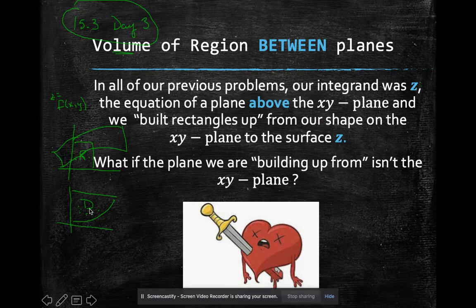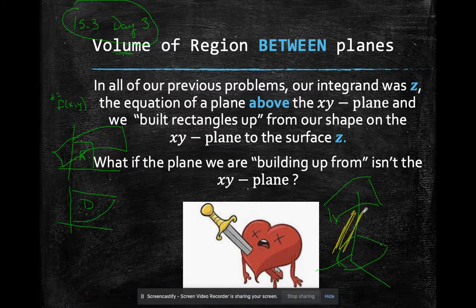So I'm going to lift this plane up, right? I'm going to say, well, maybe we have a plane up here, and maybe I have a plane here, and I want to find the volume in between, right?